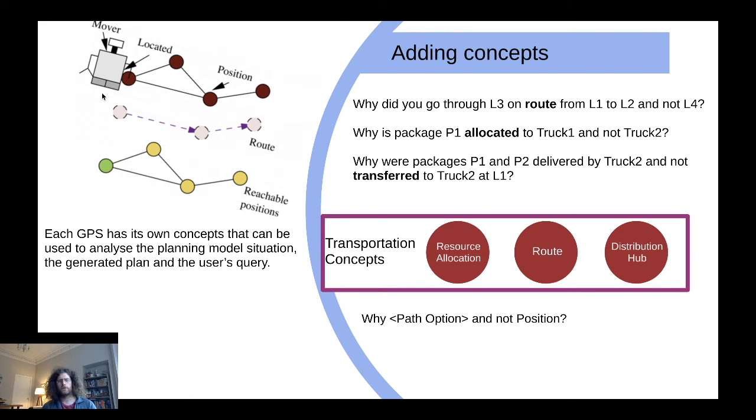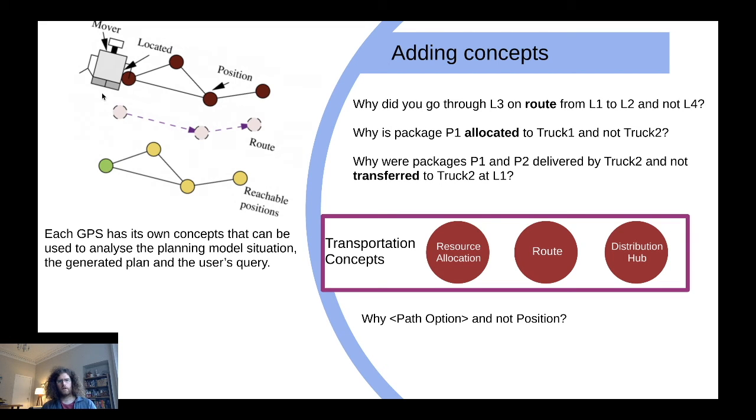So we look at some example queries. You might ask, why did you go through L3 en route from L1 to L2 and not to L4? Why is package P1 allocated to truck 1 and not truck 2? So these are reasonable queries, but they have these fairly complicated concepts. If you're just trying to do a mapping onto the domain, these things aren't trivial.